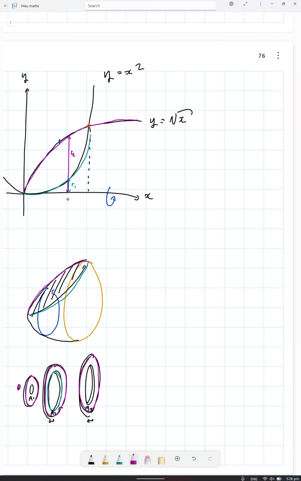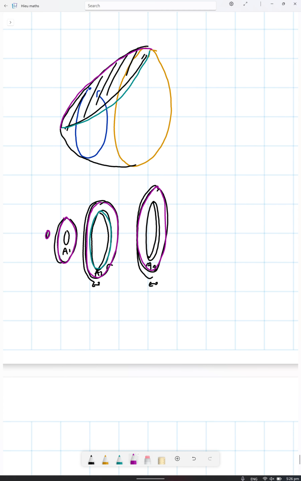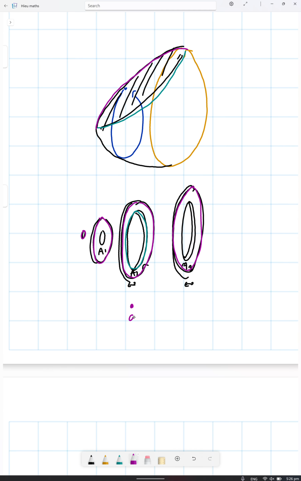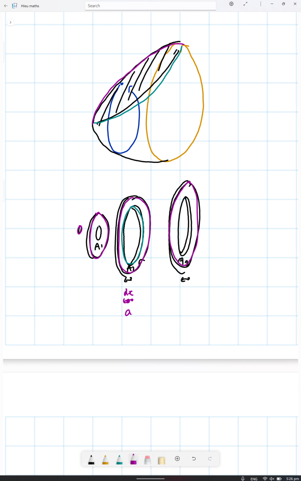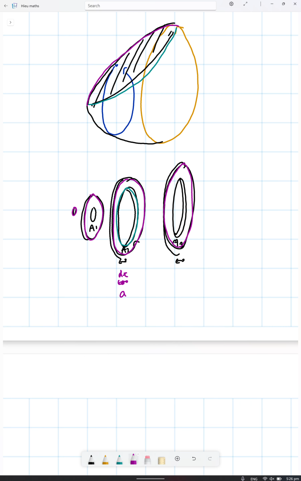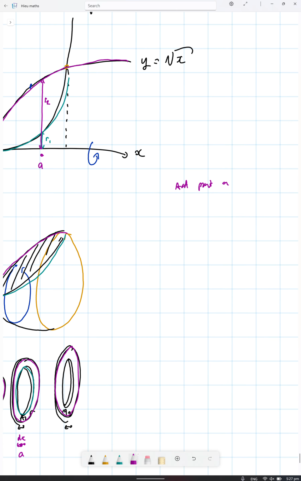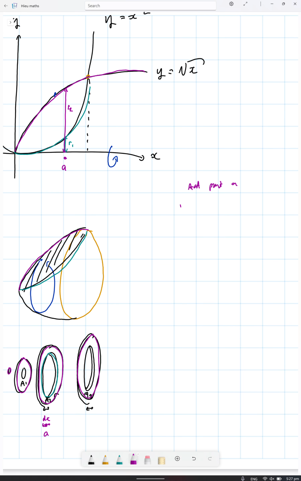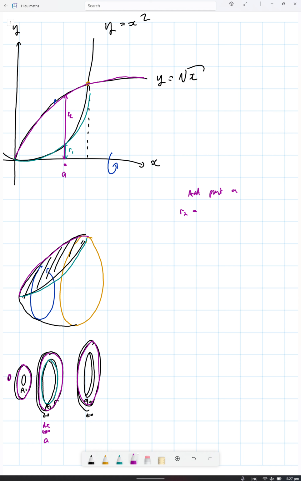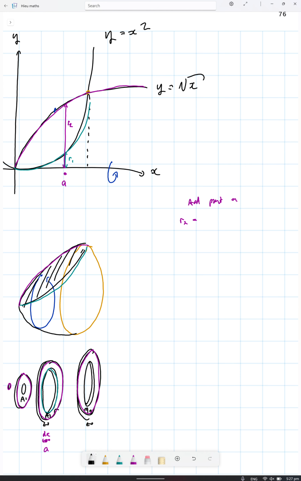So let's say we're at this point here, which is A. Let's say this is the washer at point A. This is point A plus dx on either side, or half of dx on either side, because it's in the middle of dx. But if we think about it, at point A, what's R2? R2 is just equal to x squared.